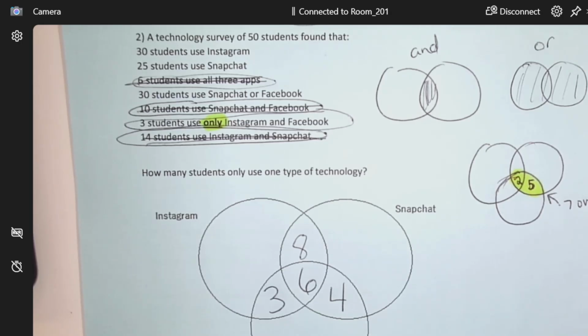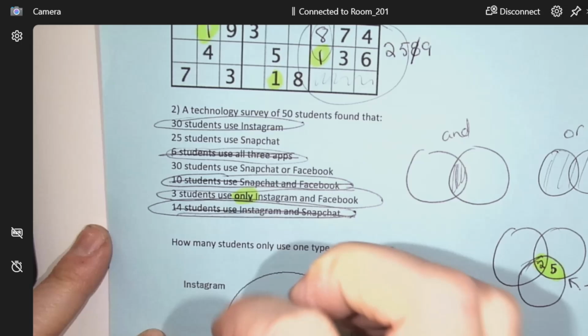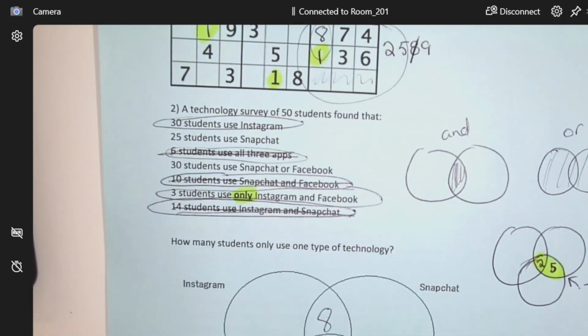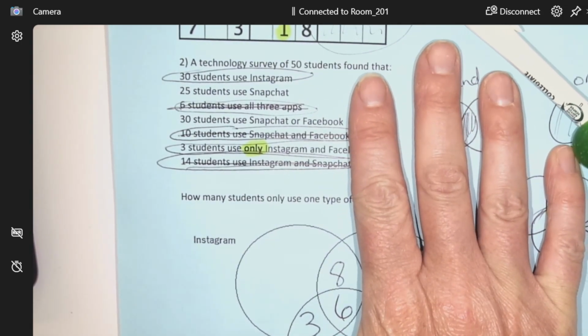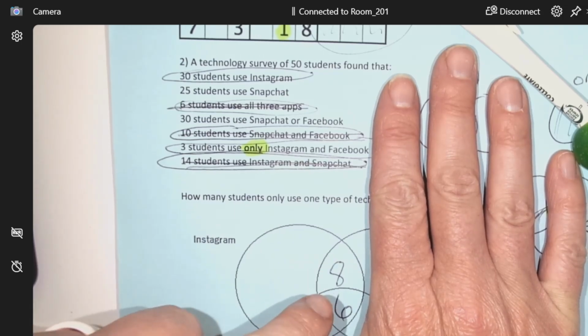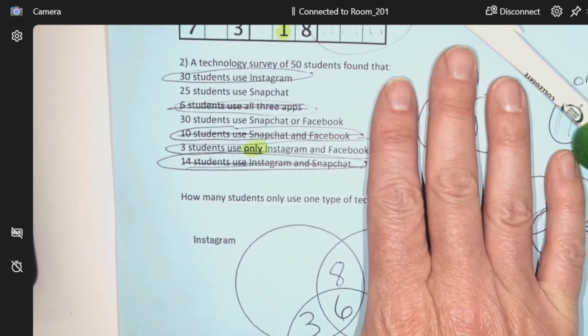Okay, I'm going to now go to some kind of single statement. So a single statement, 30 use Instagram. So I need you to look at the whole Instagram bubble, and you need 30. So 8, 6, 14, 3 more, I'm up to 17.